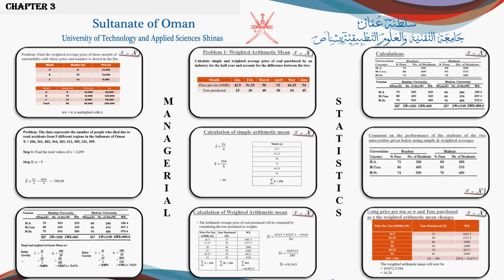So dear students, in the previous slides I had discussed the various types of statistical averages, arithmetic mean, merits, demerits with simple problems, and weighted arithmetic mean. Now I am going to discuss problems on weighted arithmetic mean. Let us see problem number 1.